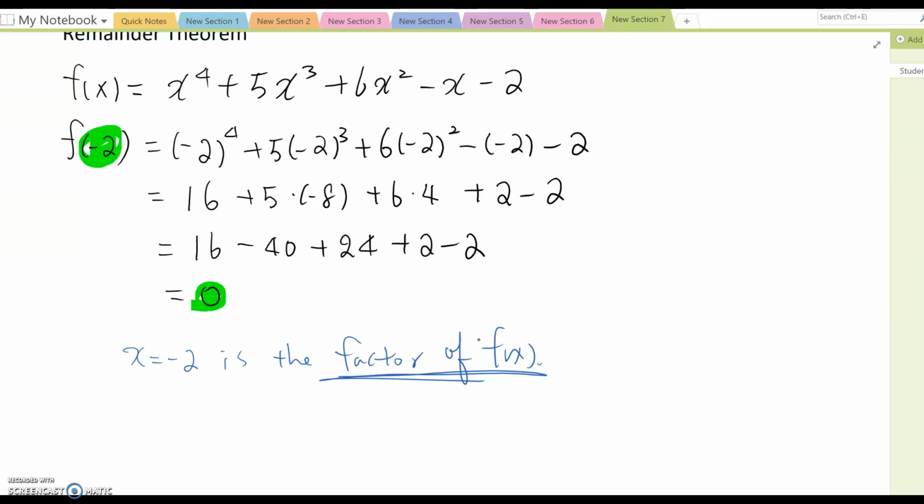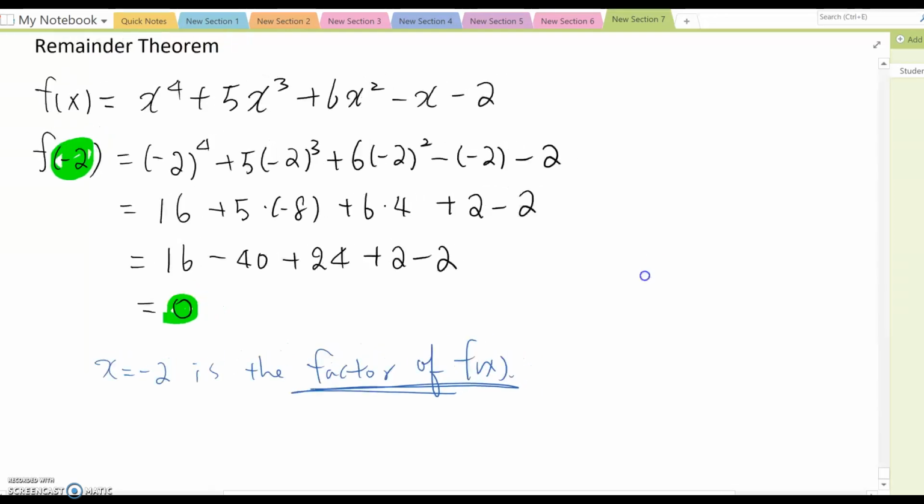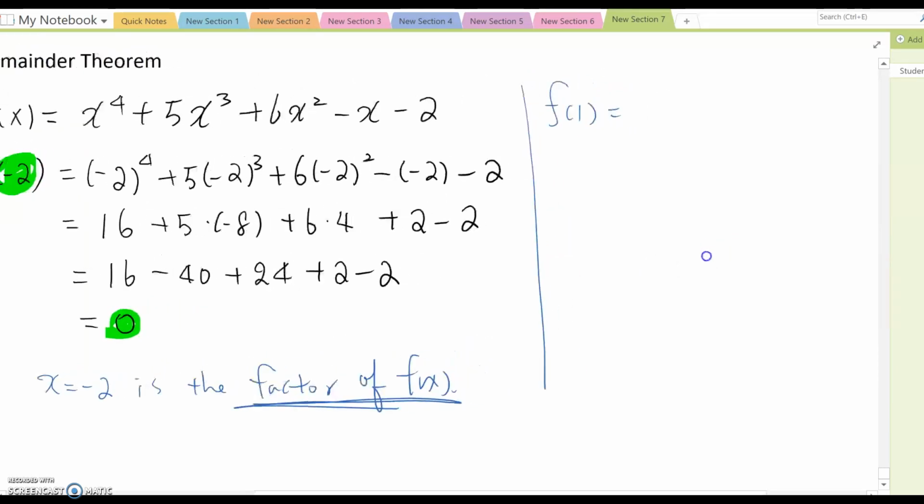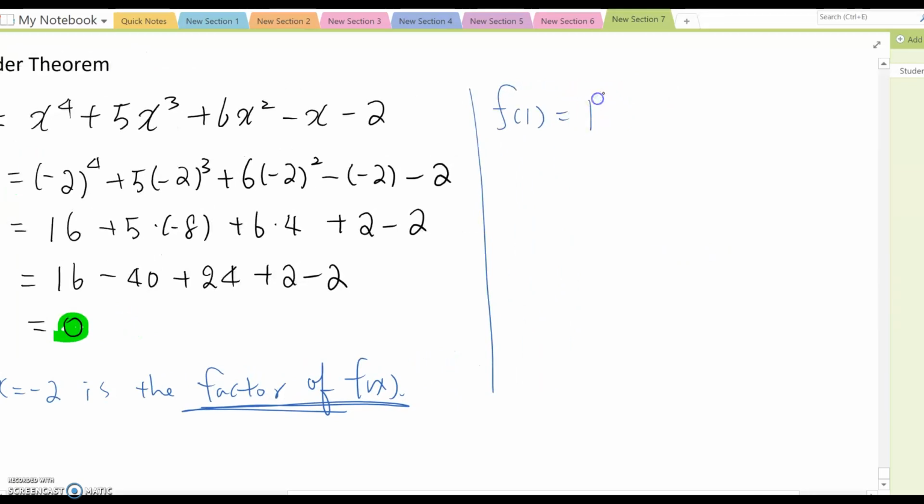Okay, then the same function here, what if we plug in 1? Then as you know, this will be 1 to the 4th power plus 5 times 1 cubed plus 6 times 1 squared minus 1 minus 2, right?